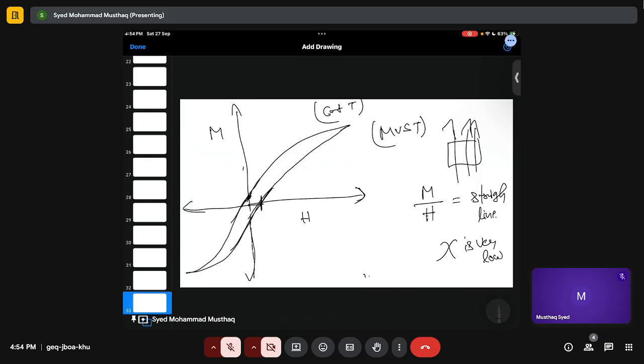If my H is 0, then I have my M value. This is my M value. I will explain it more clearly.